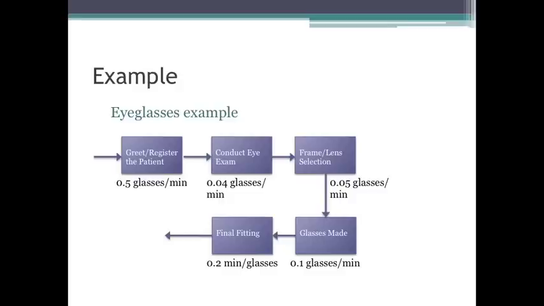Because you have these wide differences between the throughput rates, you're going to have a lot of idle time. You're going to have a very low utilization, and we'll talk about utilization later, for the first step, the greet and register the patient step. What we want is a throughput rate that is similar, that's balanced throughout the entire process. And hopefully we can improve the process such that we can get exactly that.